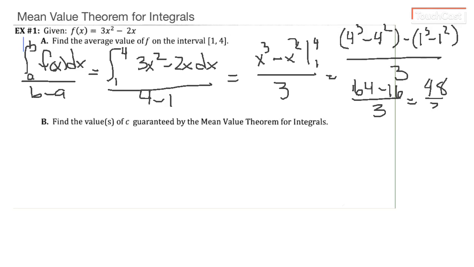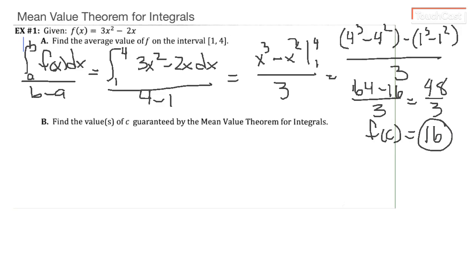So we have 48 over 3, which we can simplify to 16. So the average value of f within the interval from 1 to 4 is 16. We can say that that is an f of c value.